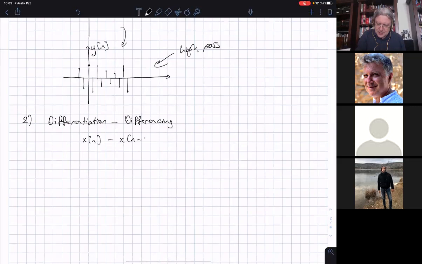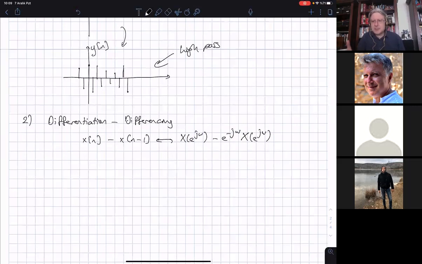The difference is this, x of n minus 1. And the corresponding discrete time Fourier transform from here is x of e to the j omega, from x of n, minus e to the minus j omega X of e to the j omega, which is the shifting property that I didn't list out, but it's easy. We know it from continuous time already.